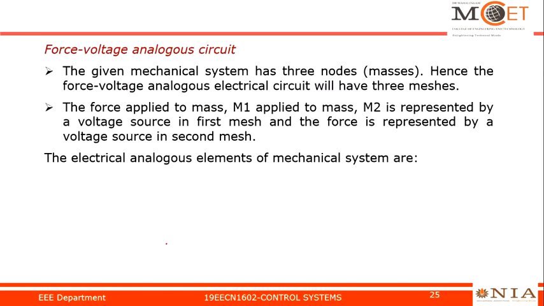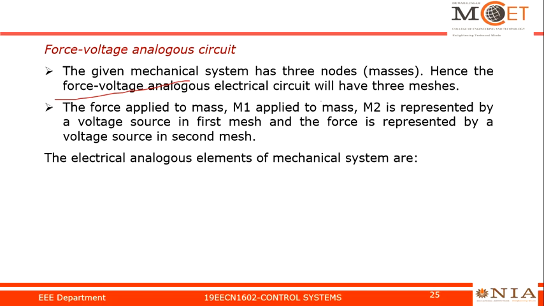For this I am going to make the analogous electrical circuit, that is the force voltage analogy. There are three nodes, so three meshes will be there in the force voltage electrical circuit. These rules we have studied in the previous video itself.